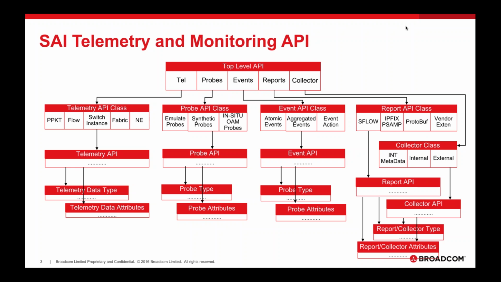So based on any given set of data, API can specify that this telemetry data, let's say, pick an example, this flow-specific data should be sent out by a reporting class of S-flow, which is associated with a collector class whose IP address is this, port is this.